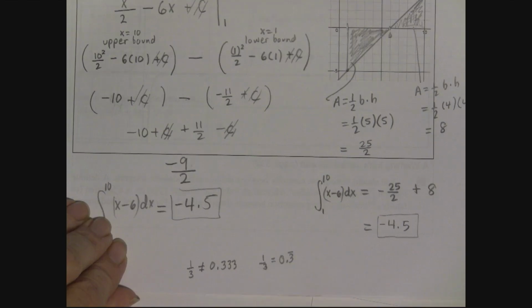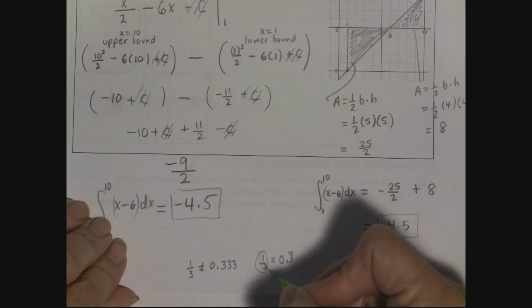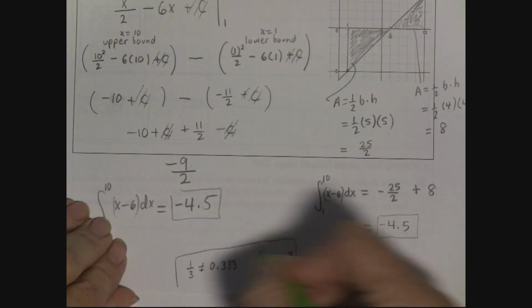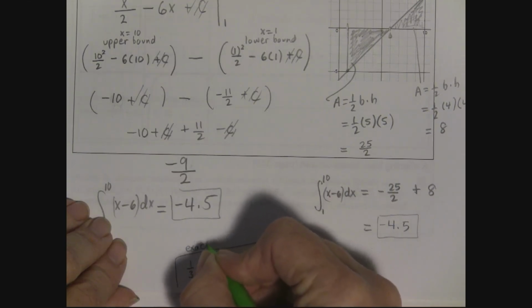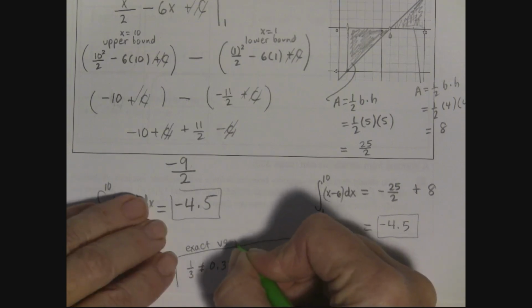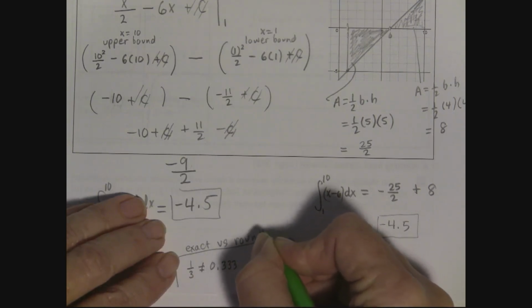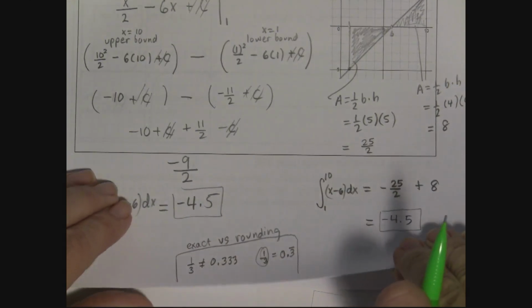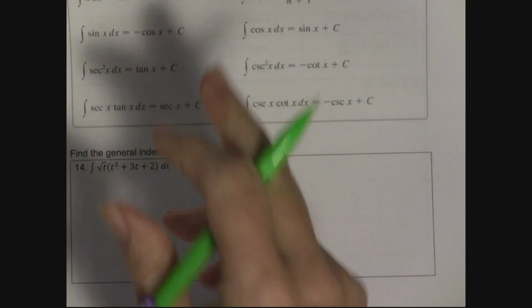I guess those are exactly equal to one another, but 1/3 is definitely preferred. And so this is just a little discussion on exact versus rounding. It's always preferred in math to do exact. Engineers might round, but math people do exact because that's how we are.